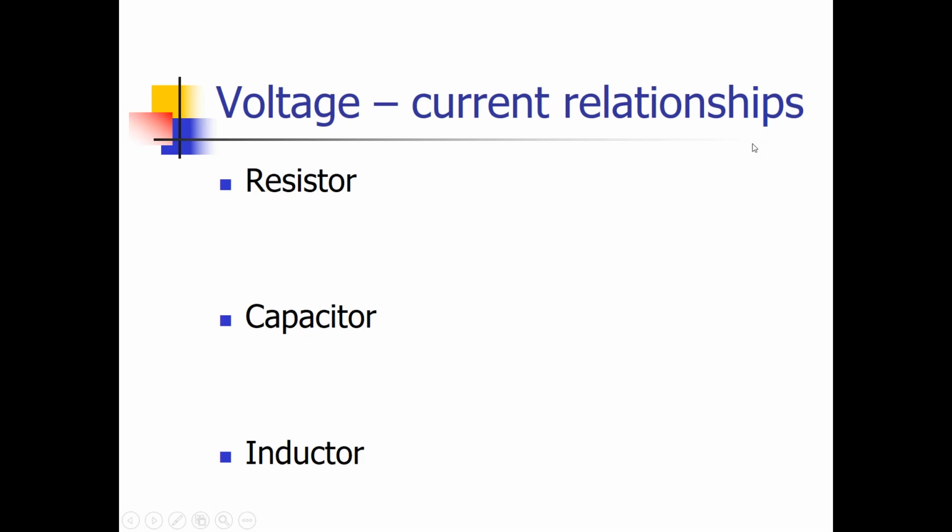Well, we have seen in several videos before that we have so-called voltage current relationships for the most used passive components in electronic circuits, which are the resistor, the capacitor, and the inductor. For a resistor, it's quite easy. U equals I times R, which is Ohm's law.